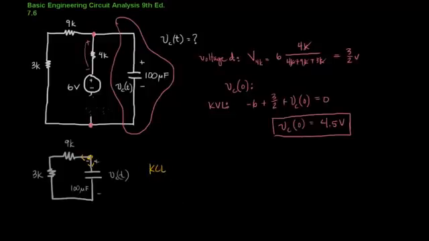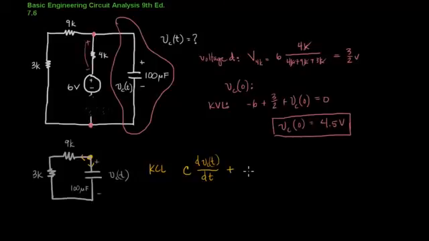Here we're using C dVC(t)/dt, and then here we'll be using VC(t), because that's the only thing supplying a voltage, divided by our resistance.